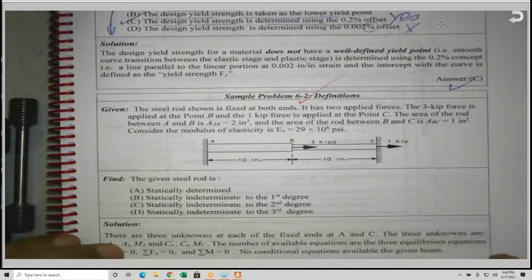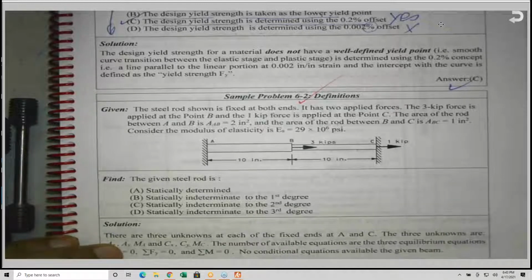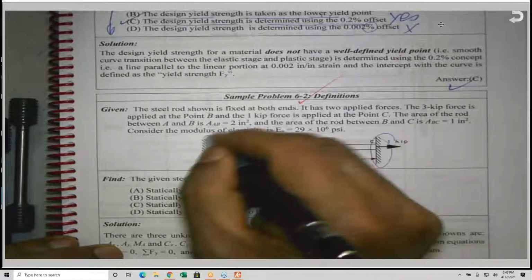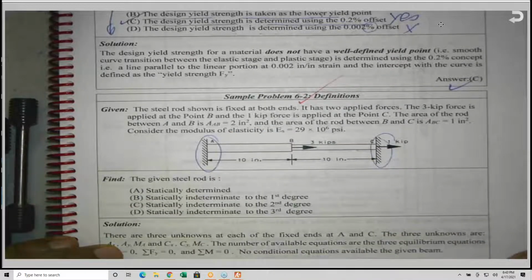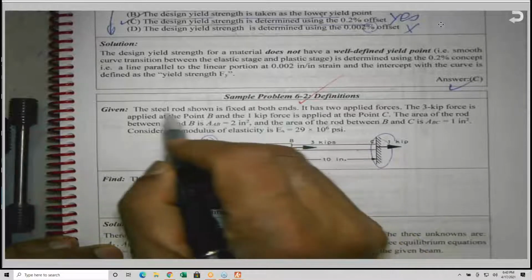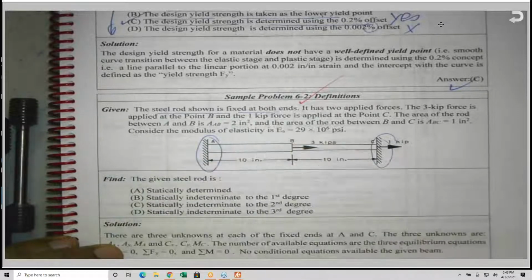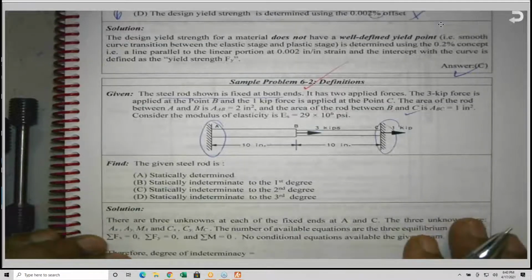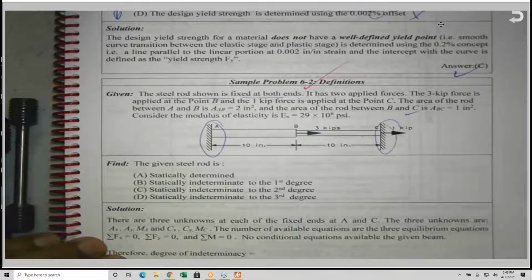If you look at this, you have two rods with variable cross sections, as you can see, but they are restrained at both ends. So a steel rod is fixed, and they give you a lot of properties about the length and the modulus of elasticity and the area and so on.